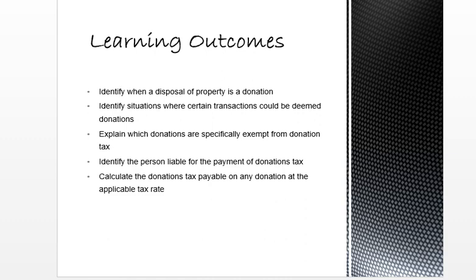Then you need to determine whether it is a donation or deemed to be a donation. Then determine whether any of these donations was an interest-free loan or a low-interest loan. And you want to identify if there were any specific exemptions applicable.